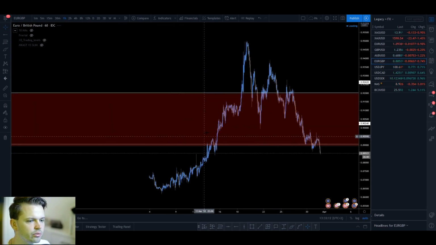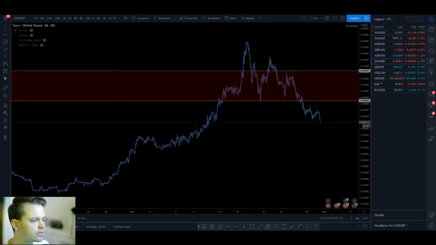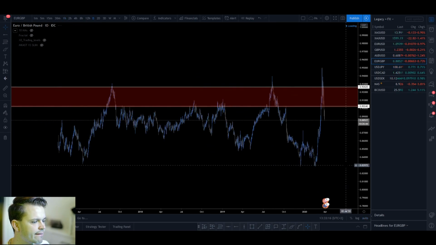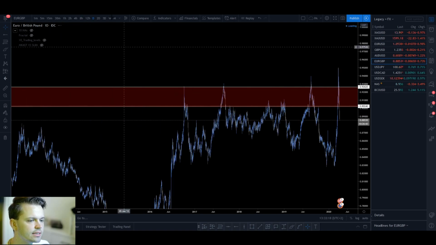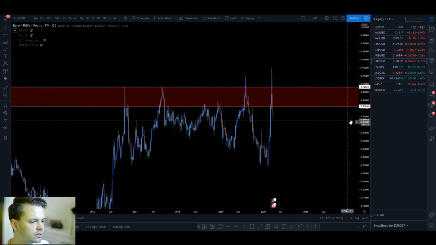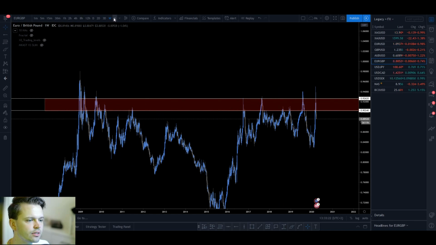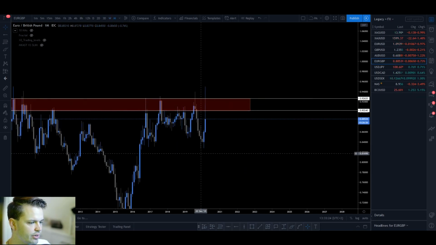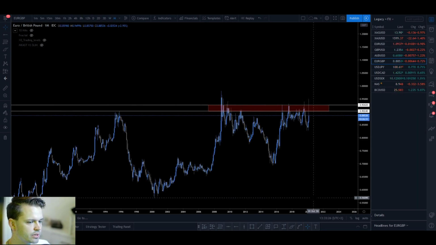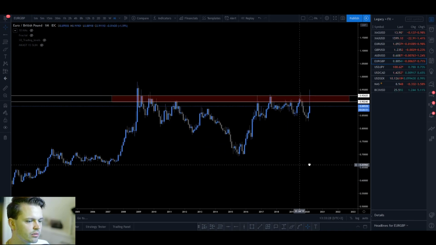And euro versus the pound, how's that looking? The weekly is still getting rejected by this high time frame resistance area. Where did I get that one from?